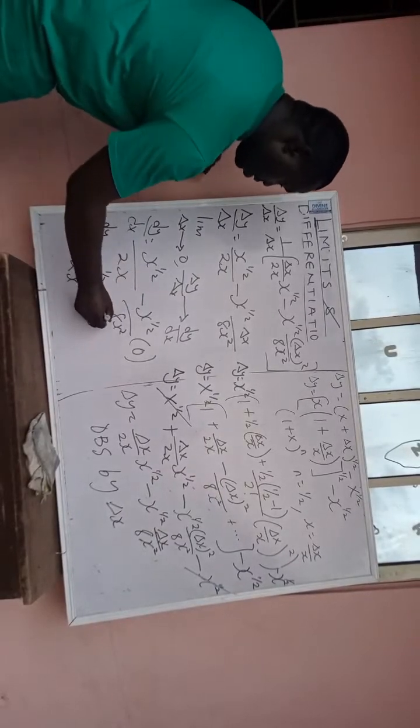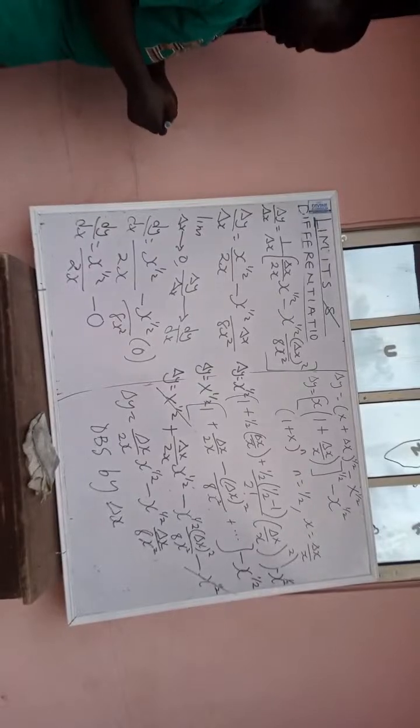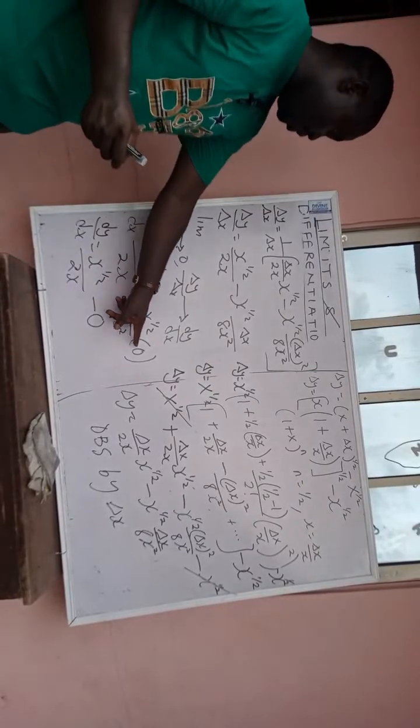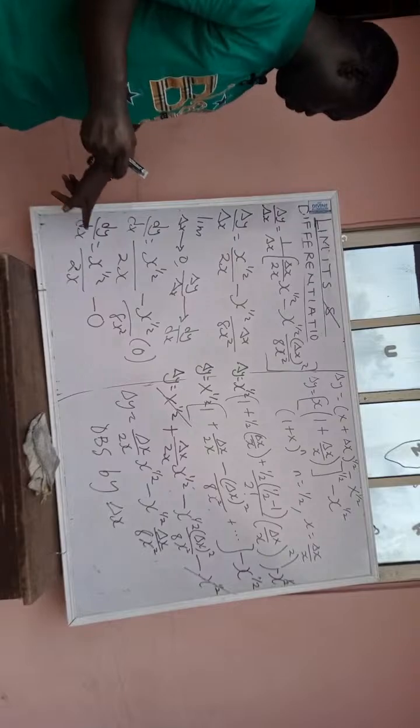So everything here is 0, because this times this divided by this, everything is 0. So you have this left.